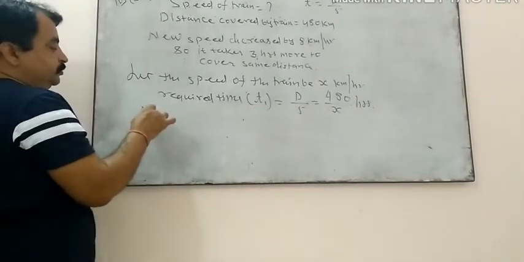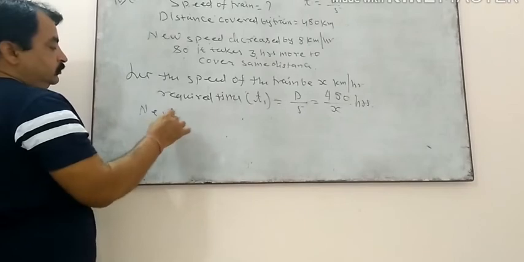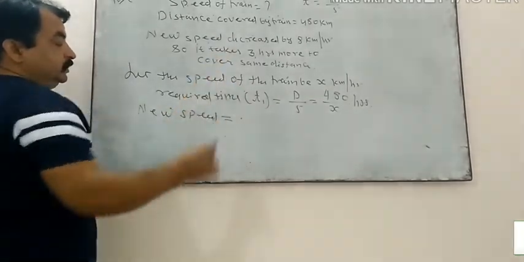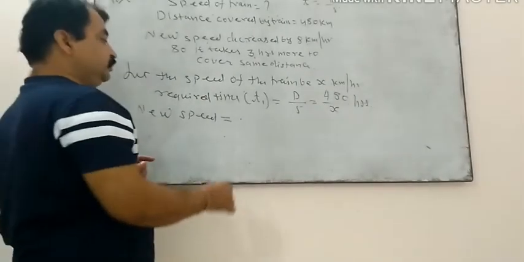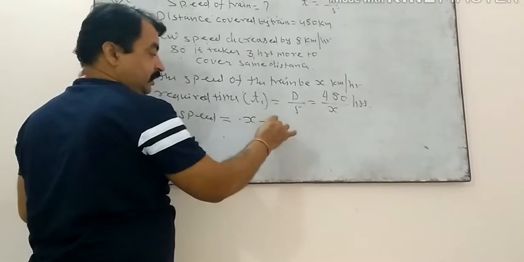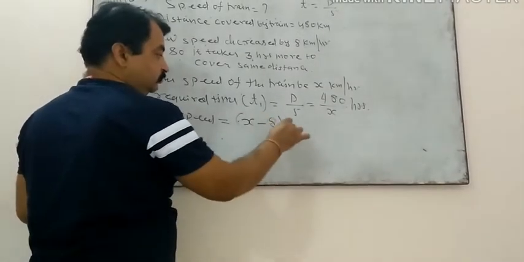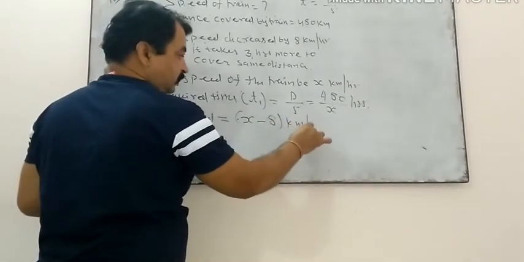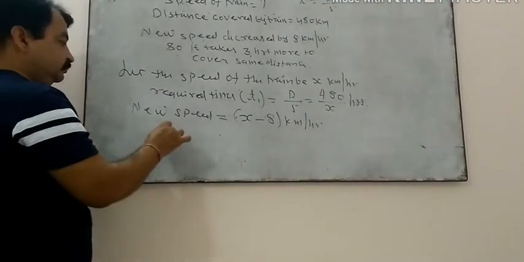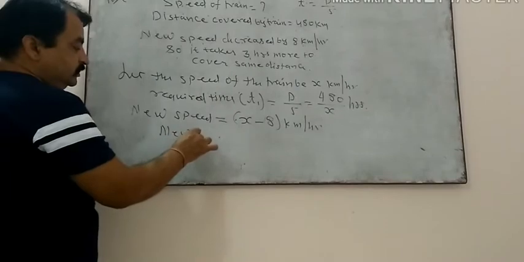Now, new speed of train according to the condition dropped, it is decreased by 8 km per hour. So original speed we have assumed as x, decreased by, that is minus 8 km per hour. Right, children? So what will be the new time taken by the train to cover the same distance?